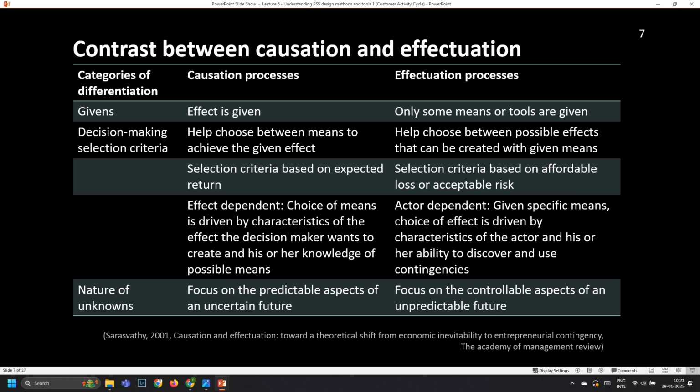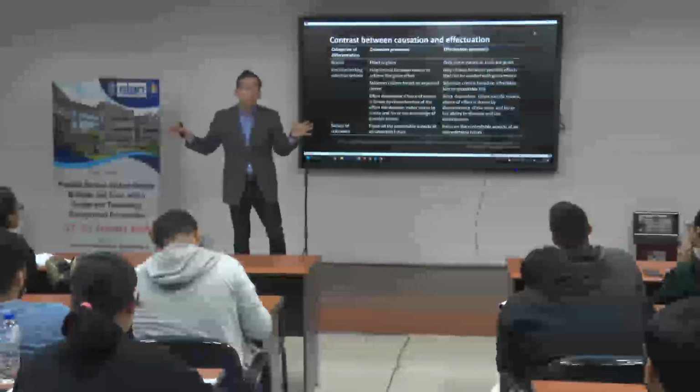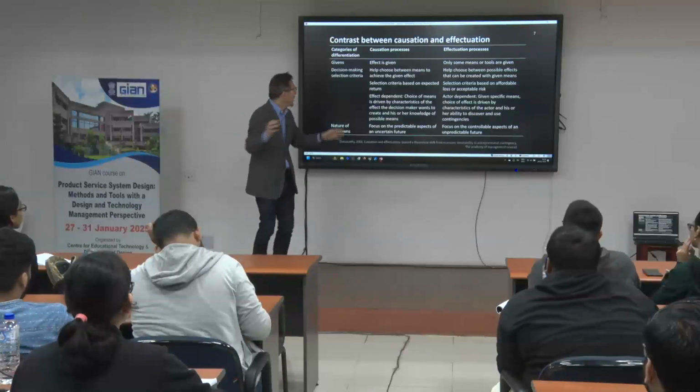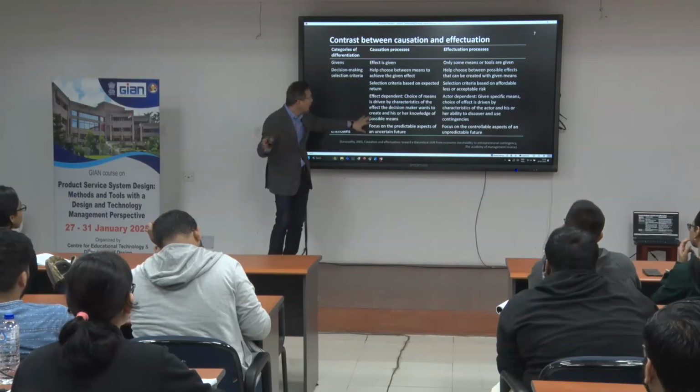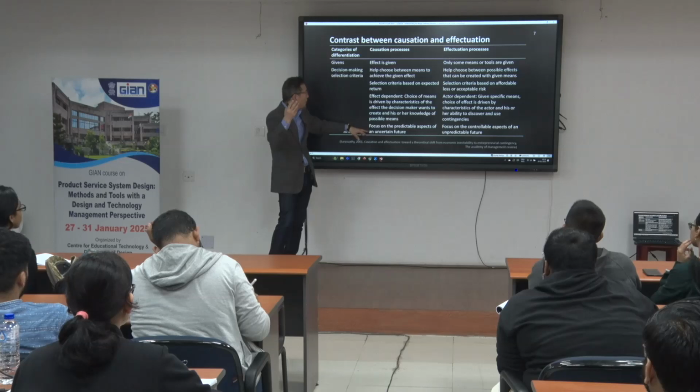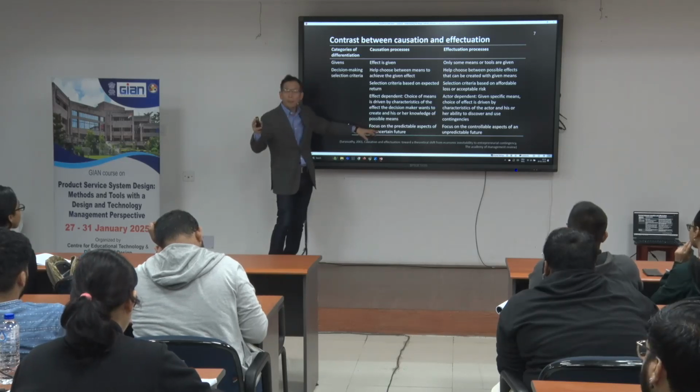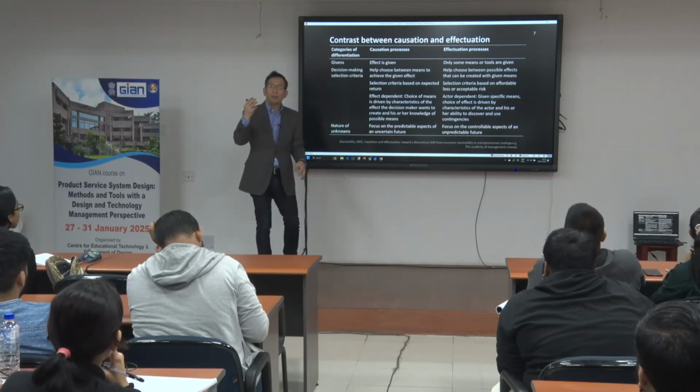So in the causation process, an effect is given, and then designers will aim to list all the possible measures, means, and then make comparison, and then decide what's the best solution for the given effect.